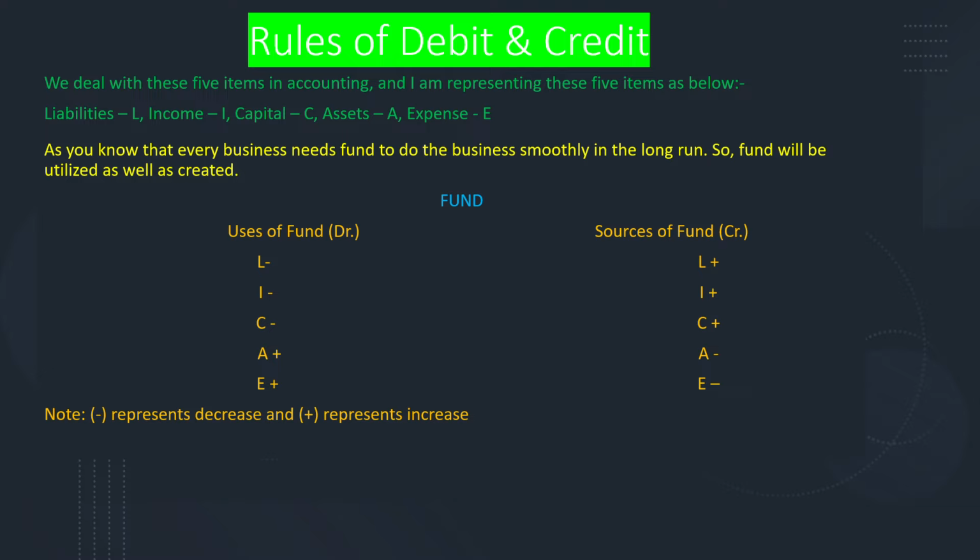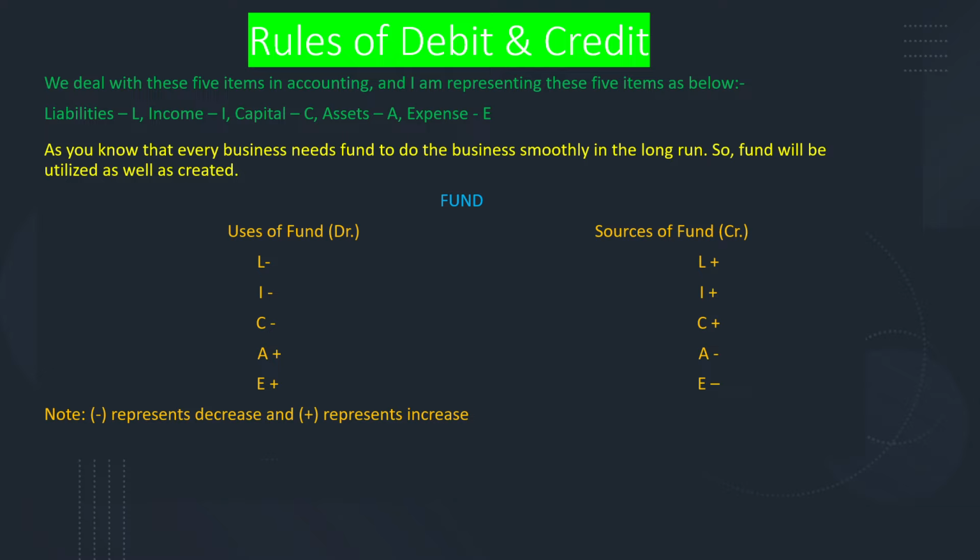It's a non-cash event. So why did I explain cash events and non-cash events? Because we deal in accounting only with cash events. I hope it is clear to all of you what a cash event and a non-cash event are.